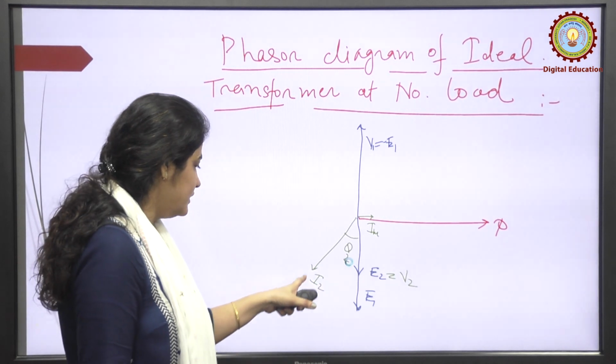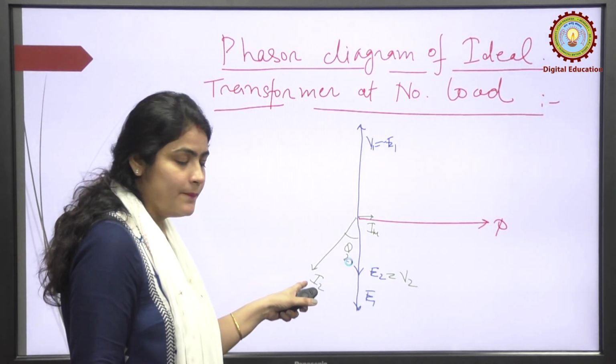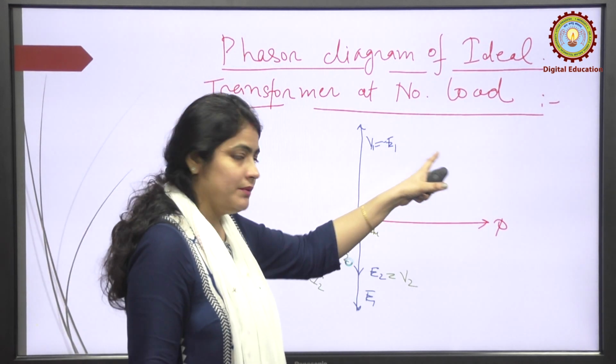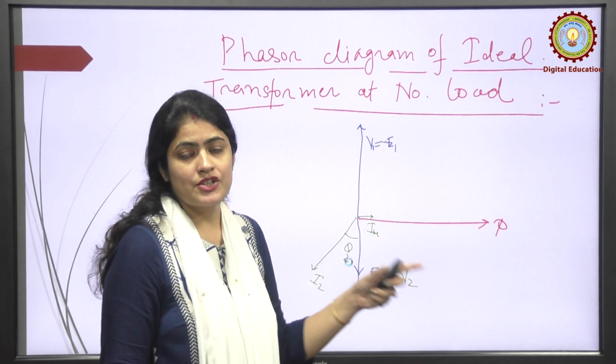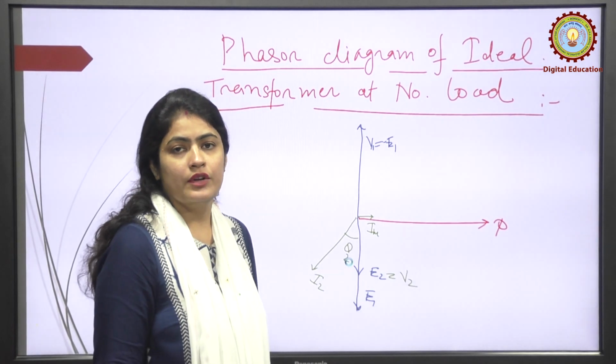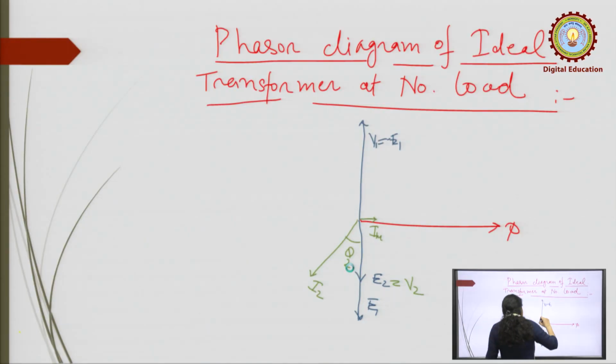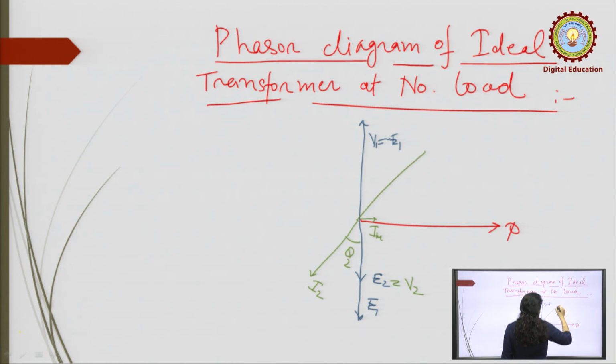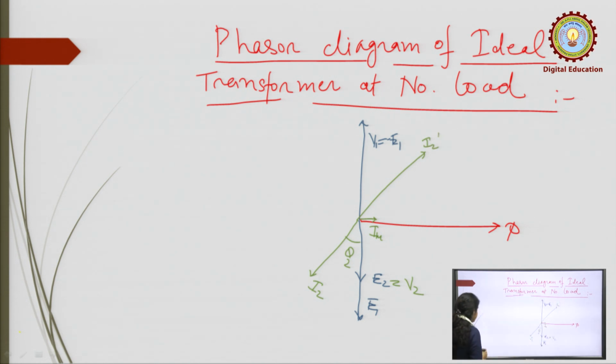Like if I2 creates N2 I2, the MMF in the primary side will be I2 dash into N1, so that it nullifies the effect of load. We can draw it equal and opposite in the primary side. Suppose it is I2 dash. Okay.